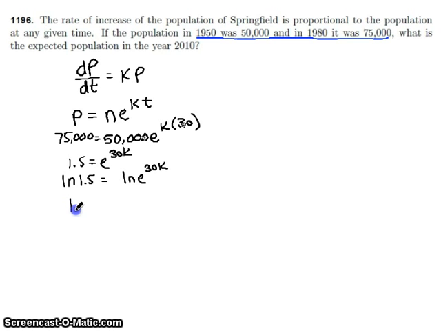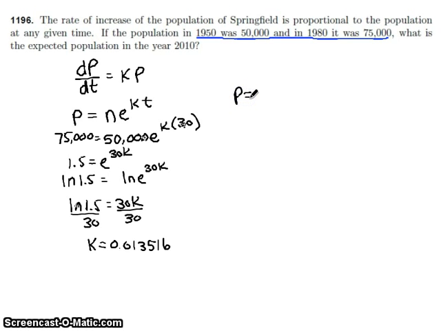So if we're looking at the natural log of 1.5 equals 30k, you can divide by 30, and you get k equals 0.013516. Now notice my k value is going farther than 3 decimal places because that's not my answer. My answer has to be right to 3 decimal places. So we want all of our work to go a little bit farther. So we can take that value of k, plug it into our population function.